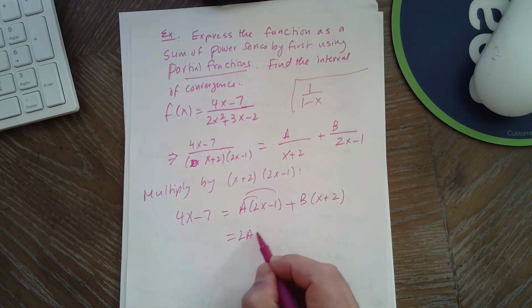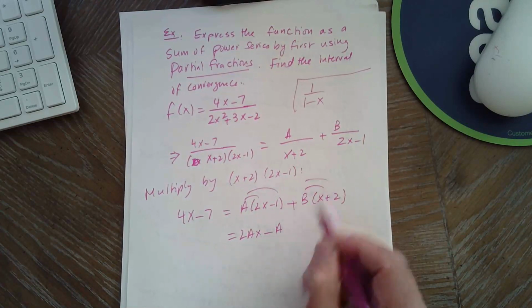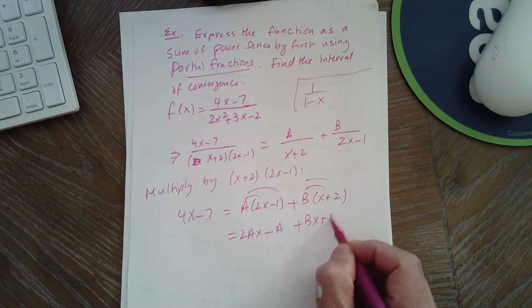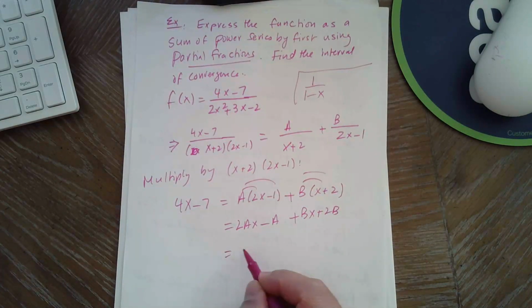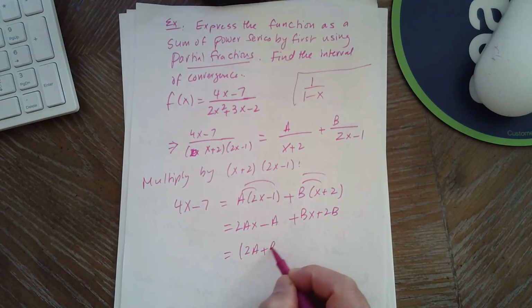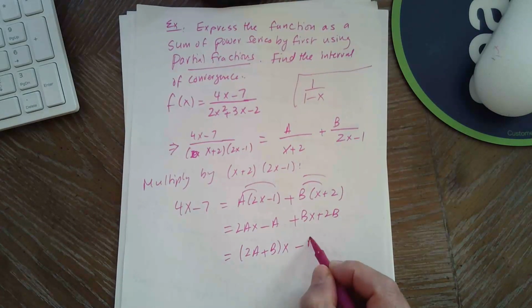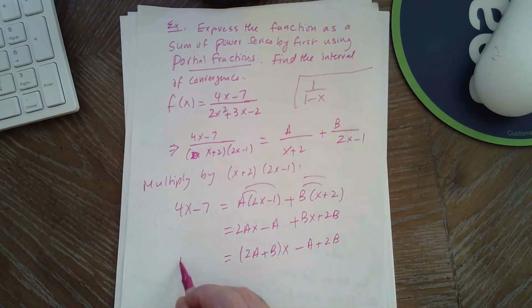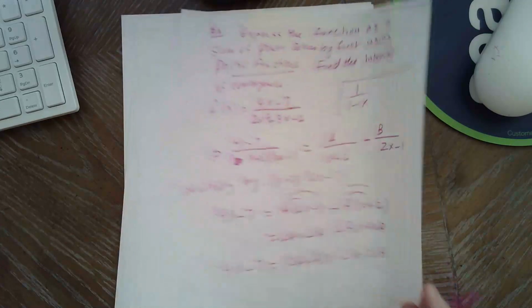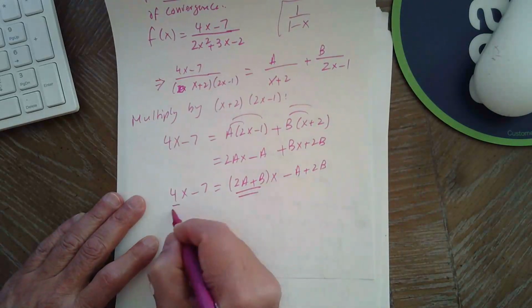So 2Ax minus A plus Bx plus 2B. We group the x terms together, so (2A plus B) factor out x, and then (minus A plus 2B) equals 4x minus 7.